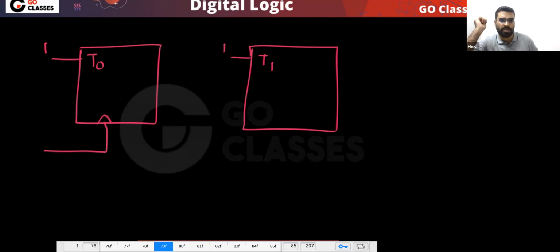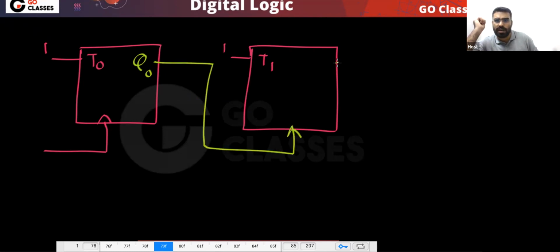The output of this first flip flop I'm connecting as the clock to the next one, and this is your Q1.